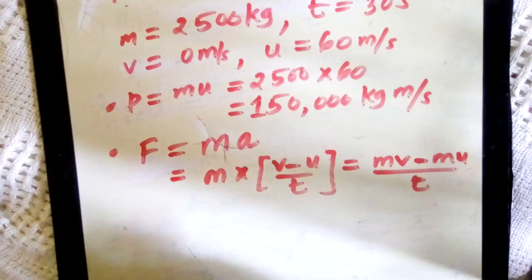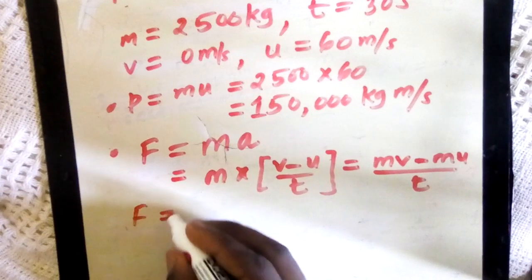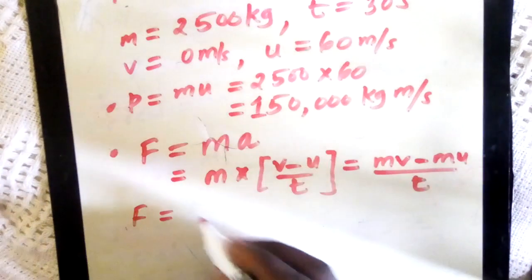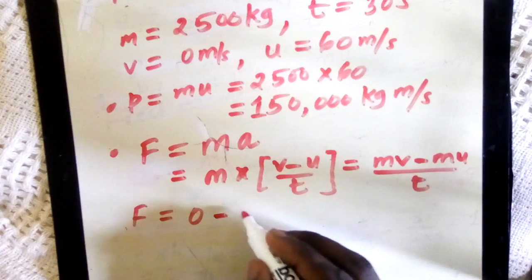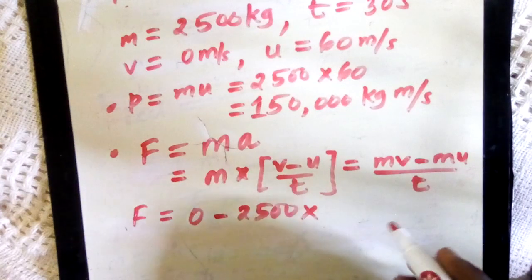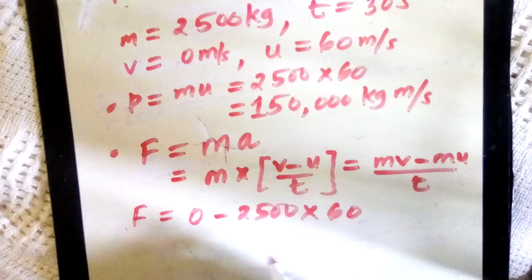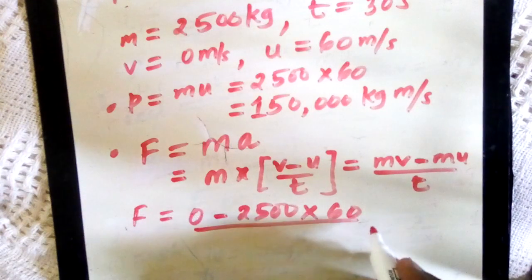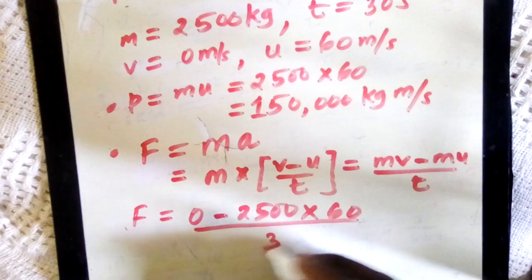That means it went to a complete stop. So the force required will be its final momentum being zero minus the mass of this car, 2,500, multiplied by its initial velocity of 60 meters per second, and then we divide by the time it took for the force to get this car to a complete stop, which is basically 30 seconds.